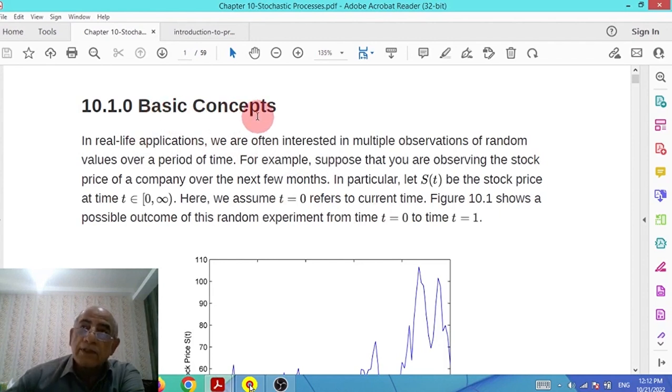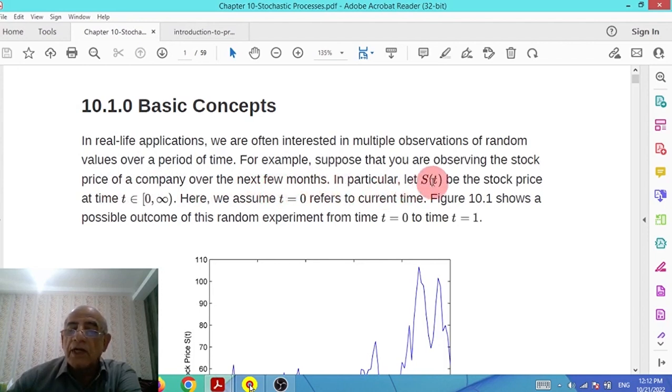Basic concept of a random process. In real life applications, we are often interested in multiple observations of random values over a period of time. For example, suppose that you are observing the stock price of a company over the next few months.